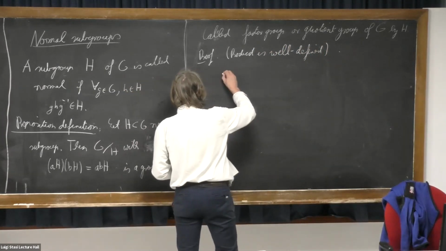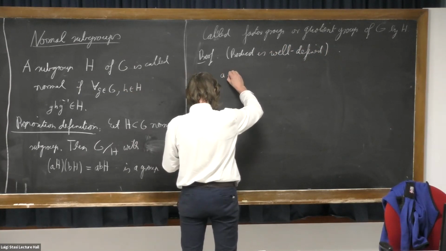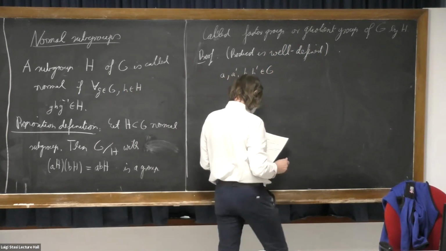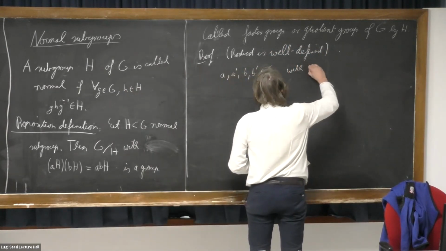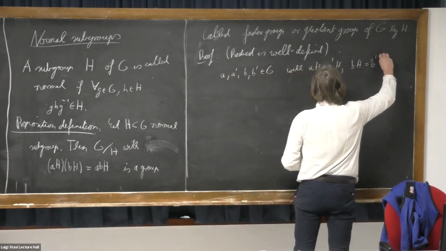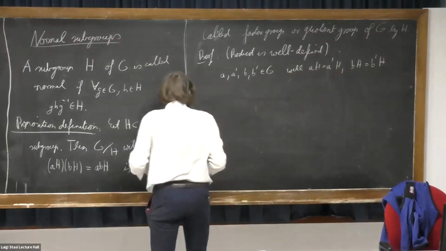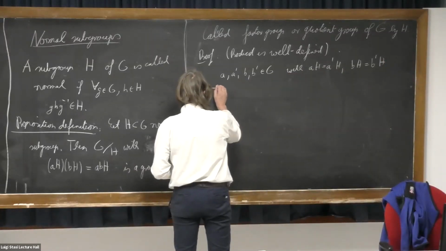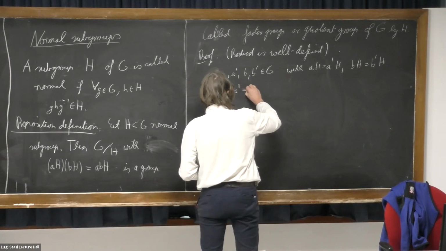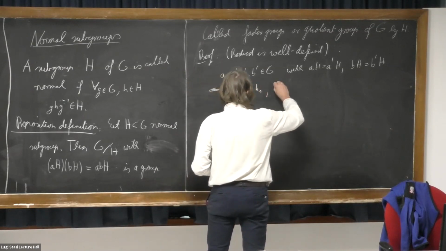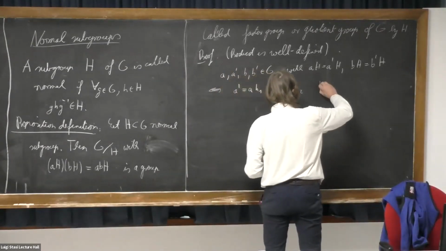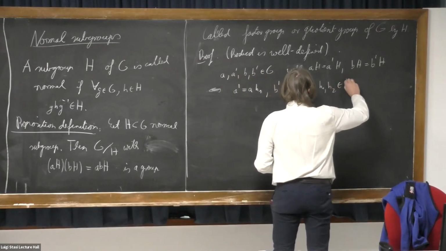So take a', b' in G with a'H equal to aH and b'H equal to bH. So write a' equal to a h1 and b' equal to b h2, with h1 and h2 in H.